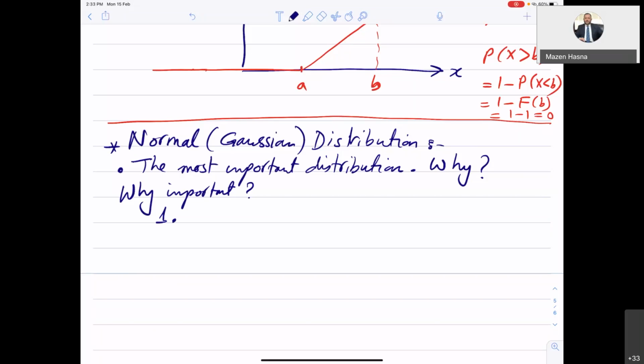The first reason it's important is that the Gaussian or normal distribution, let me stick to normal, I think it's more popular, characterizes many natural phenomena that exist in our real life.